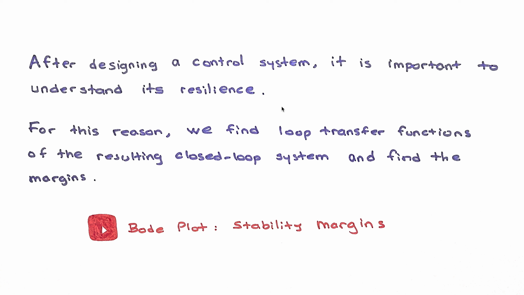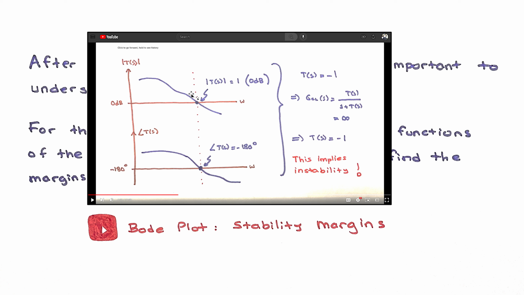But basically, the loop transfer function that we are going to find, L of S, I am going to denote by L. These are related also with this video, Bode plot stability margins. So before you watch, you may want to watch that part of that video, around 4 minutes.